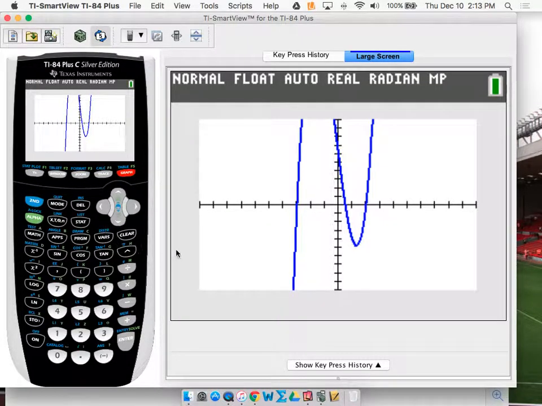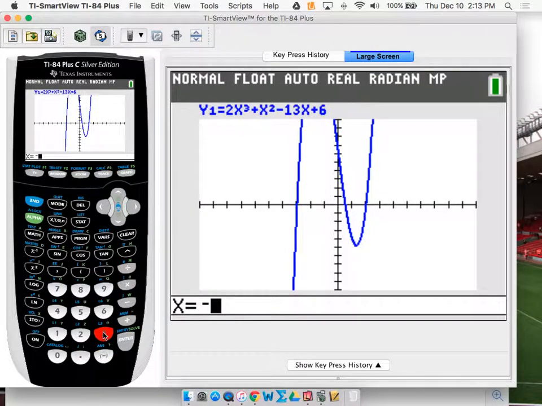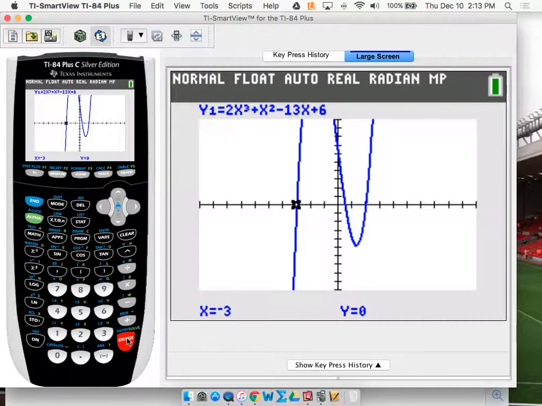Okay, so where does it appear that we have roots? -3, +2, and what does this one look like? A half, right? Now, to make sure, I can use the calculator to help me out. So I can hit trace, which is this button up here, and then you're going to type in -3, and then hit enter.